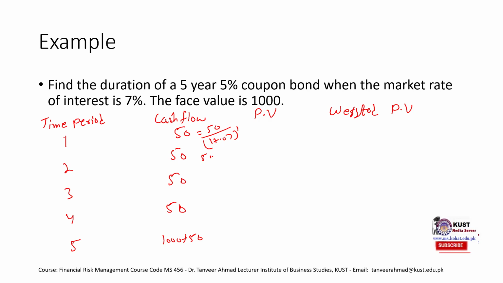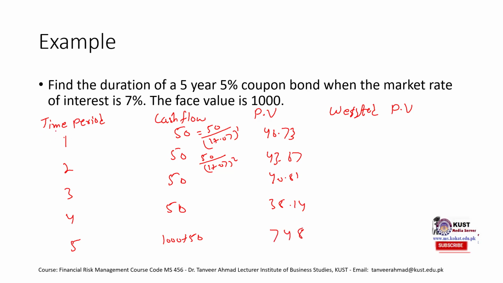For this we would do it like this. So the present values would be 46.73, 43.67, 40.81, 38.14, and for the last one we would have this one.